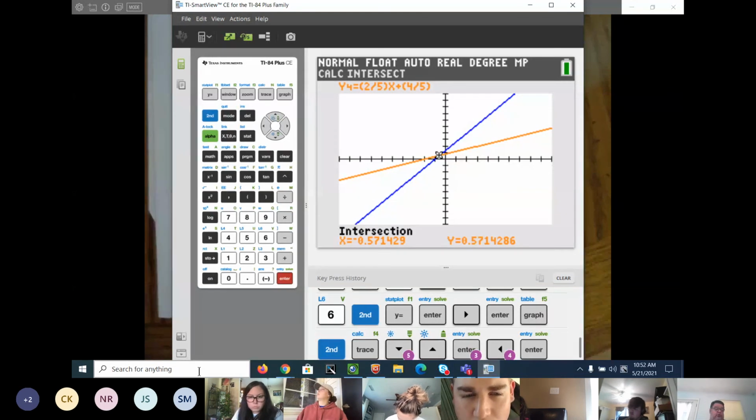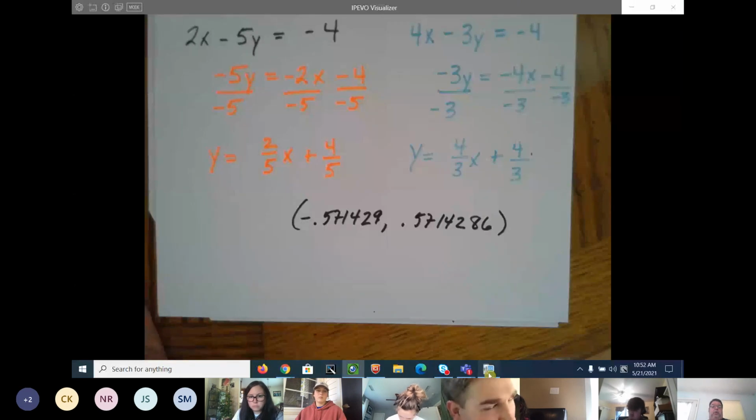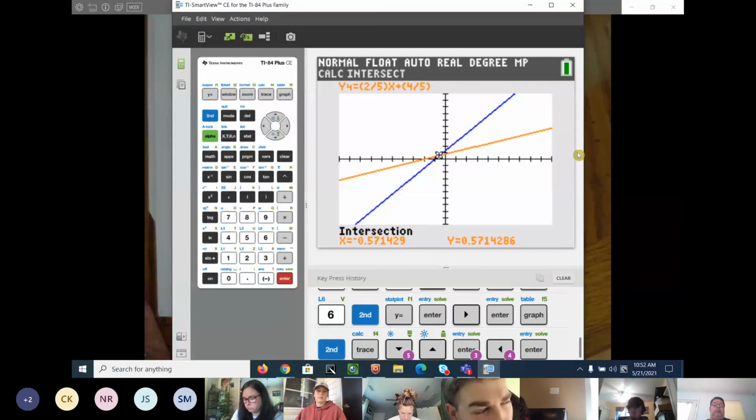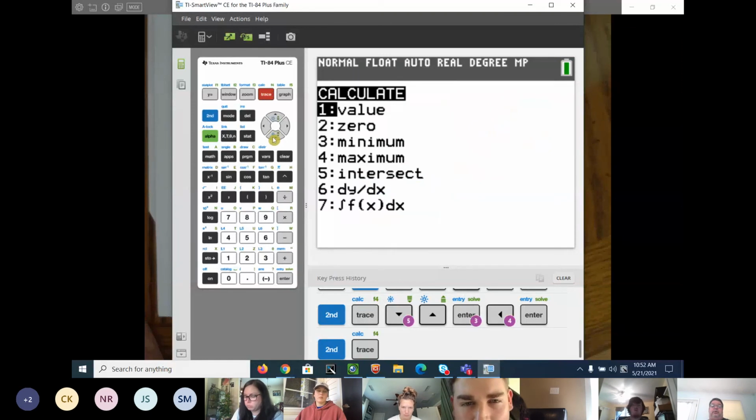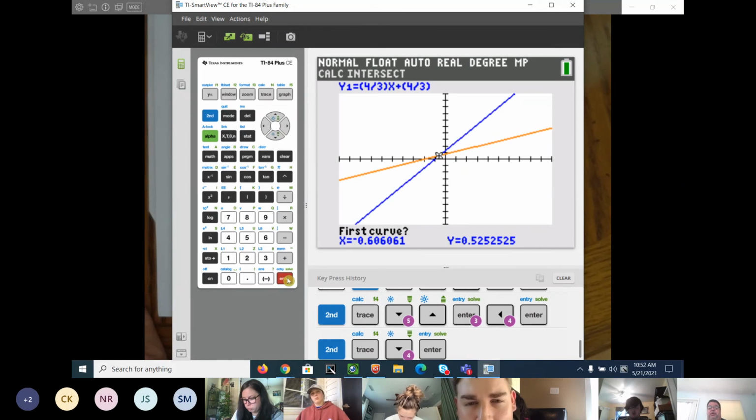And some of y'all just learned how to do that today. Y'all are winners. How did you get it to tell you the intersection? Okay, I'll do it again for you. Hit second, trace, intersect. Enter. You just hit enter and enter because it's asking you, do you want to check the intersection of the orange line and the blue line?